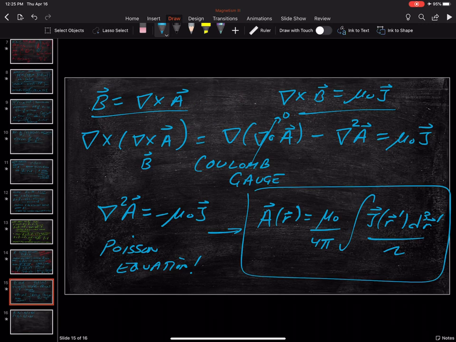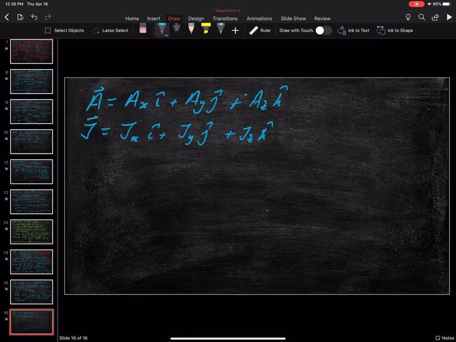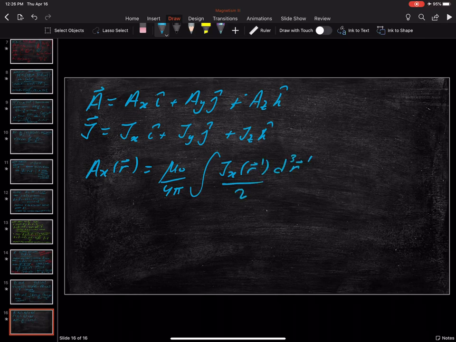And so what Poisson's equation is here, the expression for A, is equivalent to 3 equations. This is the same as saying that Ax of r is equal to mu naught over 4 pi integral Jx of r prime d3 r prime over r.